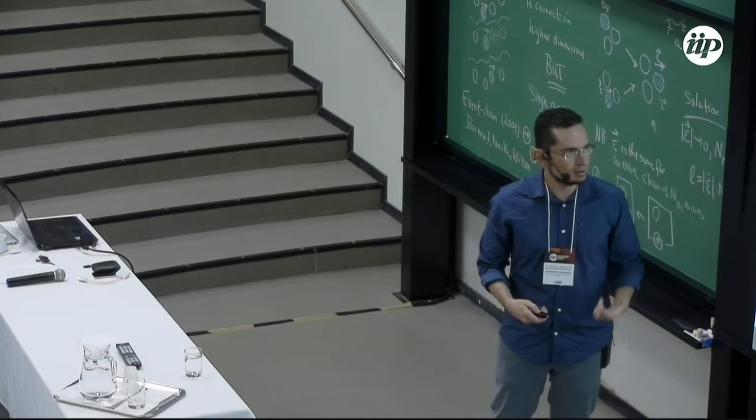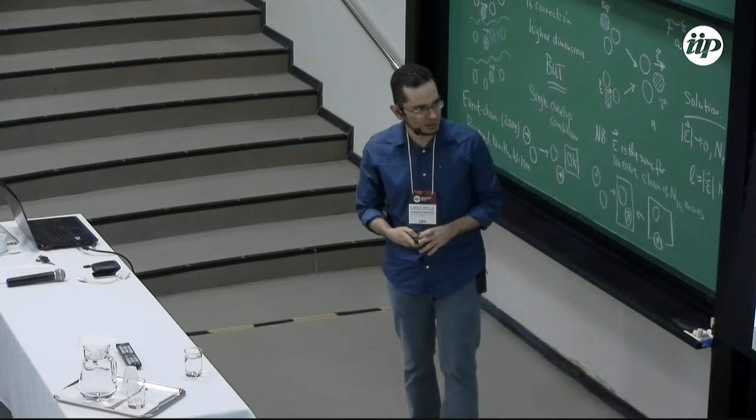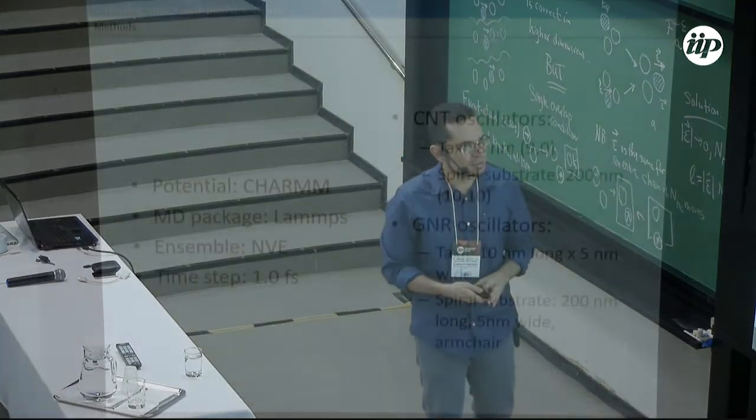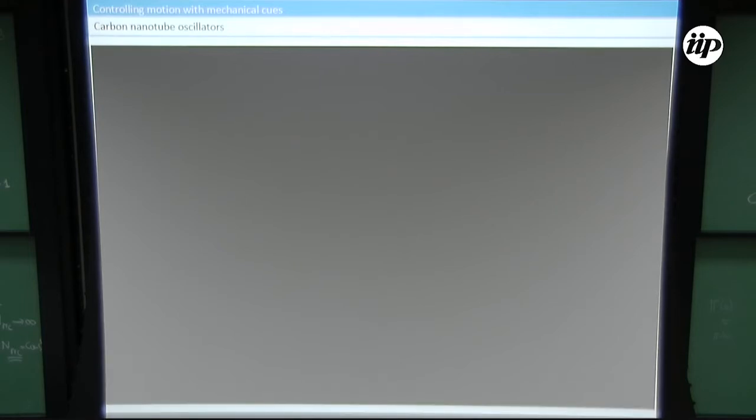We're using CHARMM, using LAMMPS again. We're doing calculations with the NVE ensemble. This is our time step. We tried oscillators and movers, and both work well. And this is the dimension of the structures that we were using in the simulations. And this is one of the simulations.